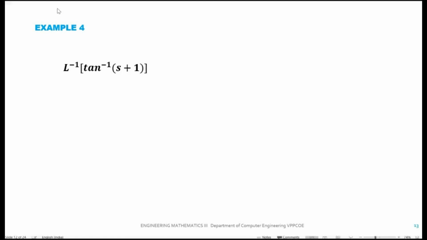I told you this method is applicable for log, tan inverse and cot inverse functions. So अगर tan inverse, log वाले terms आ गए तो you have to use only this method. It cannot be solved by partial fraction. It cannot be solved by convolution also. You have to apply only this method. ठीक है, L inverse of tan inverse of s plus 1.